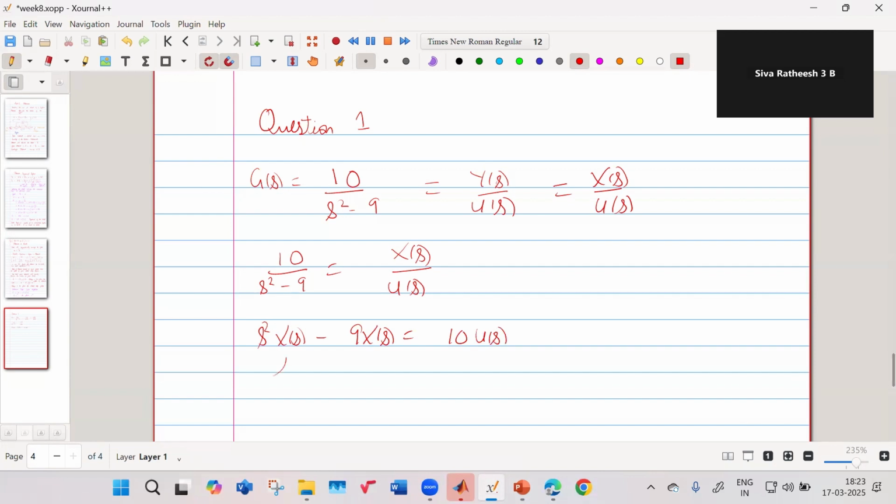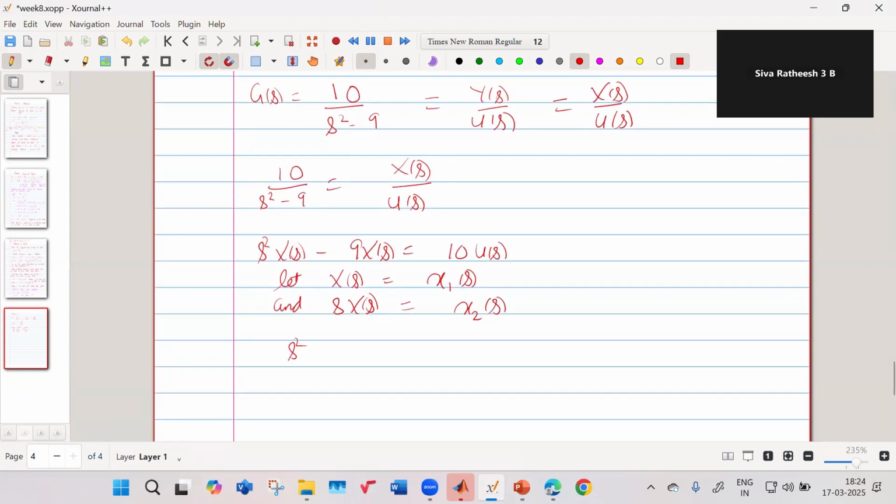So what we do, let x of s be x1 of s, that is state x1, and s into x of s be the state x2 of s. And s square of x of s is x2 dot of s.